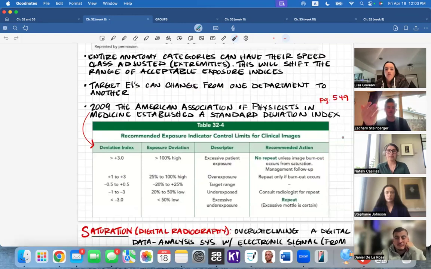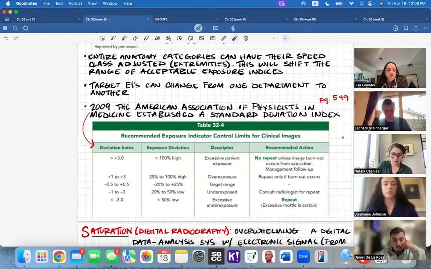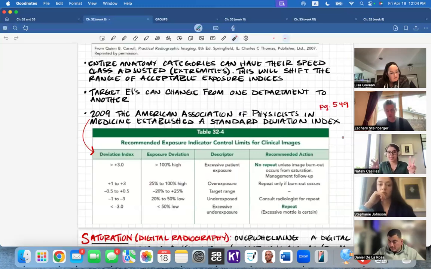But your S number, and I'm just going to say S number because that's what I use too, is just a readout from the specific exposure you took. Like table 32.2 lists all the manufacturers and what their exposure indicator is. For Fuji, we have that too. It's the S number. So the EI is the S value.